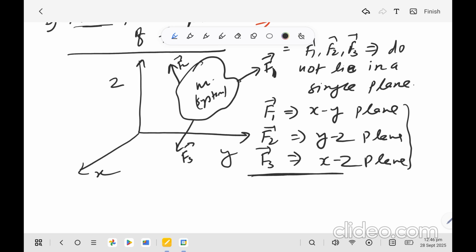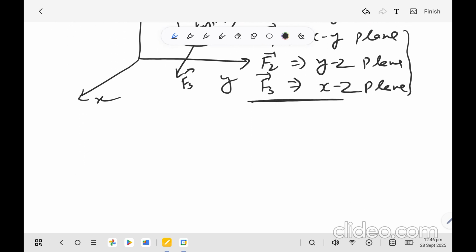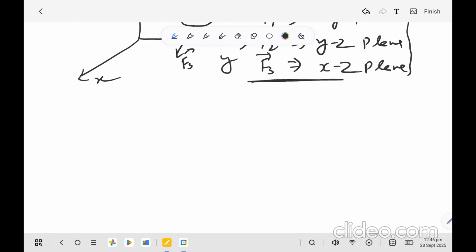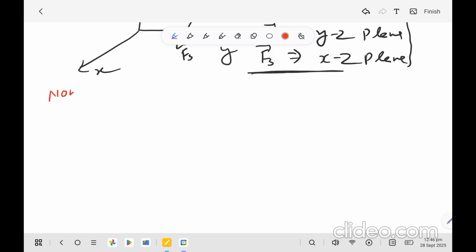Now, depending on the line of action of the forces acting in different planes, we can again divide the non-coplanar system of forces into some other subcategories.